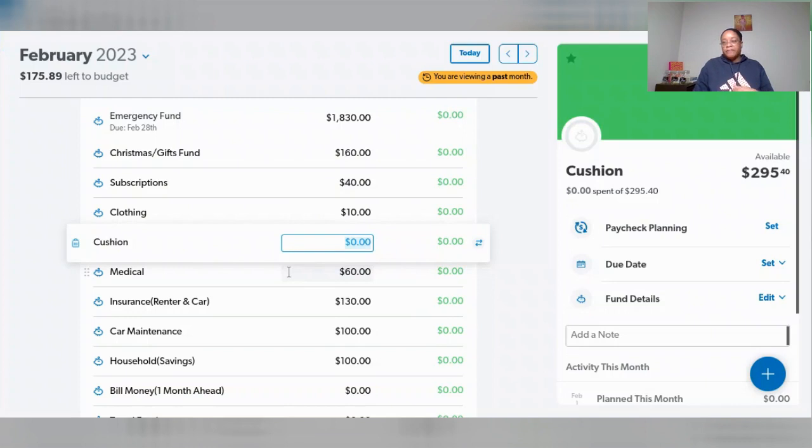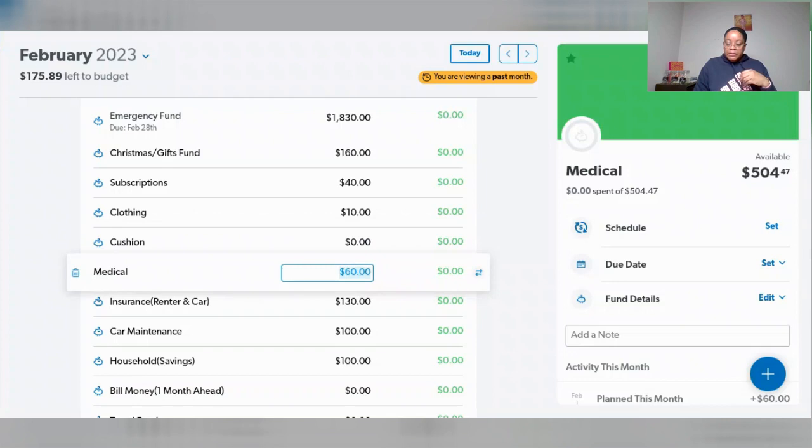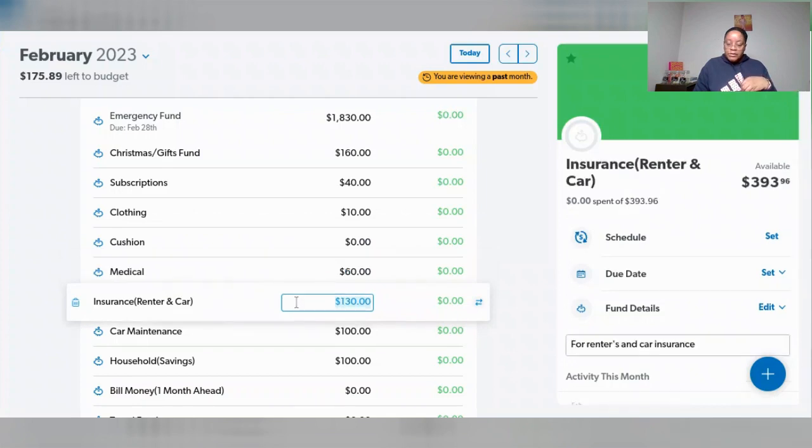I have about 295.40 sitting in my checking account. So I should expect to have about 200 and something when all the bills and the savings get moved around. That should be about where that sits, and that's comfortable for me. Medical is 60, insurance is 130, and car maintenance is 100.